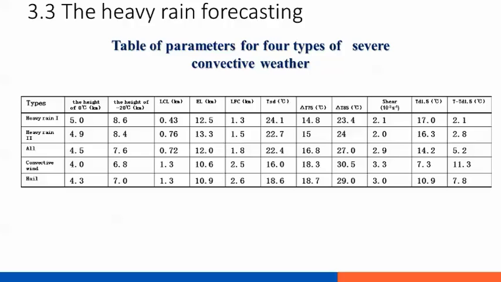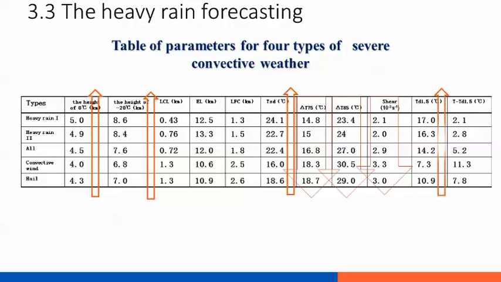Comparing with the latter, the heavy rain has smaller temperature differences between 700 millibar and 500 millibar, smaller temperature differences between 850 millibar and 500 millibar, smaller vertical wind shear of 0 to 6 kilometers, relatively high height of 0 degree and the height of 20 below 0 degree, and large dew point temperatures on the surface and at the 1.5 kilometer height.